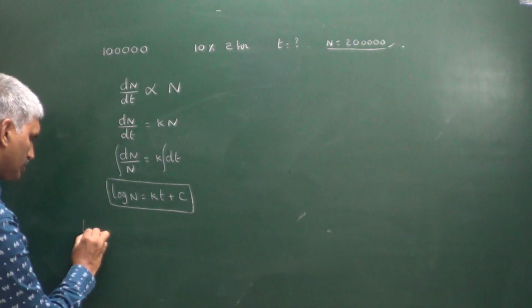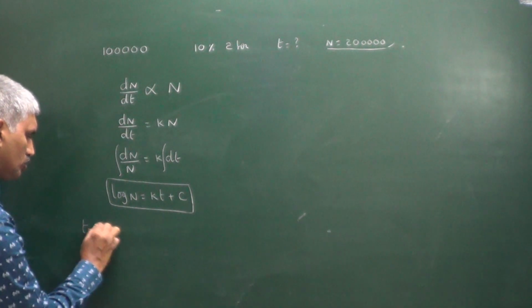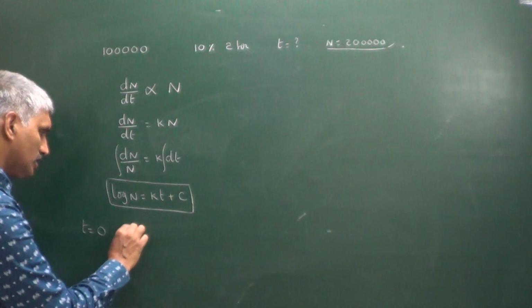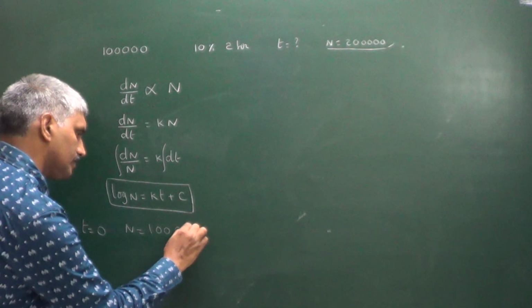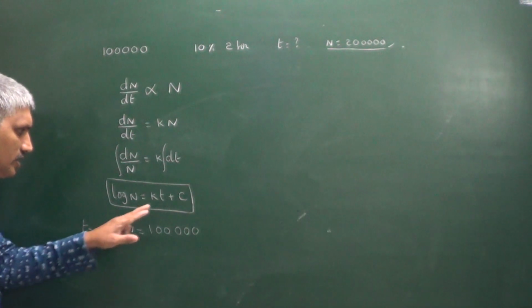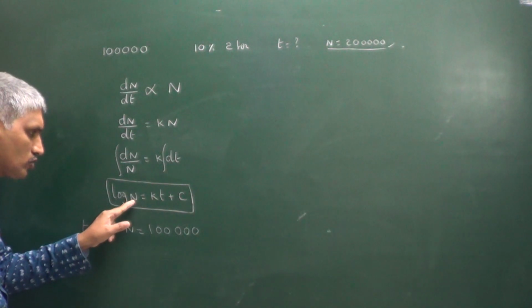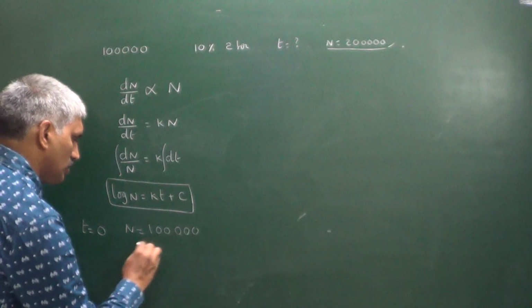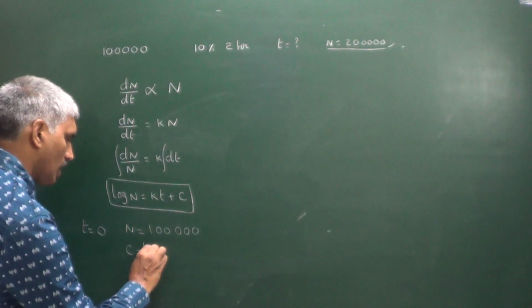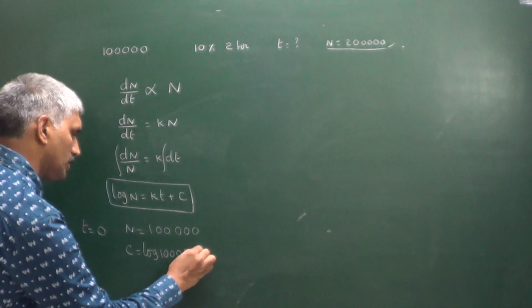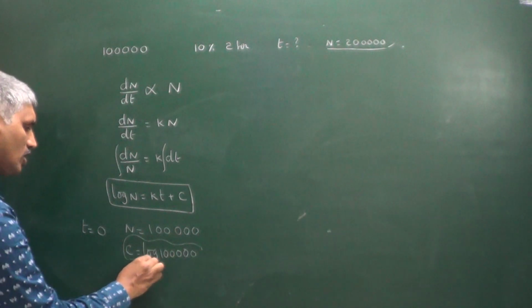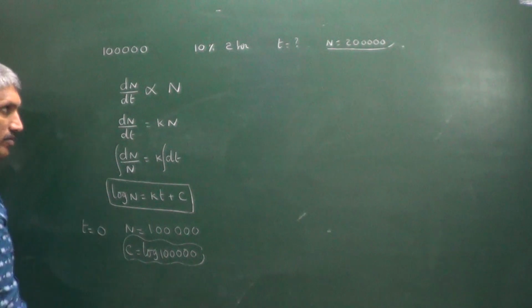Now the first information: when t is equal to 0, the bacteria count is 1 lakh. Substituting t equal to 0 and N equal to 1 lakh, you will get the value of c as log of 1 lakh. So that is the value of c we got with the help of this information.